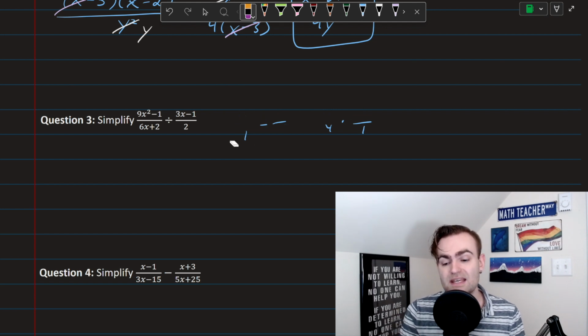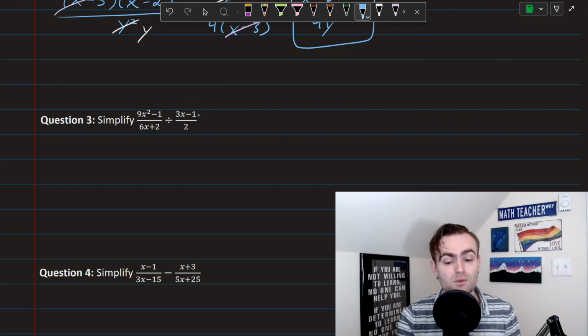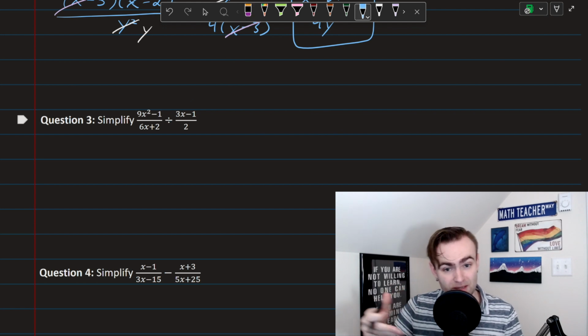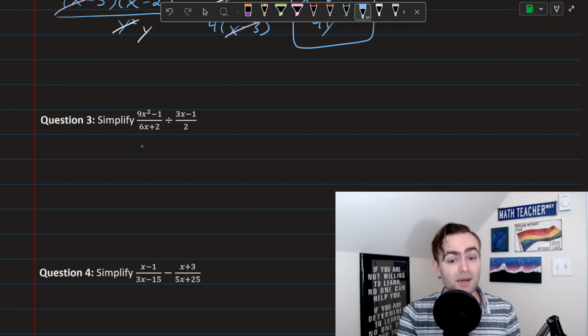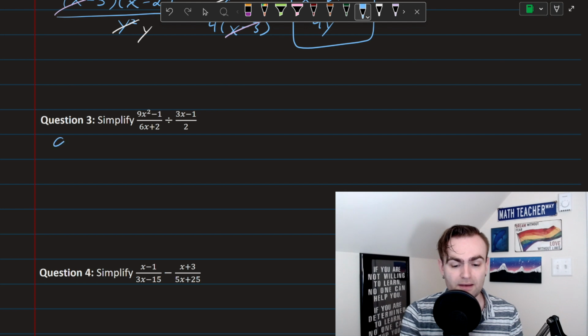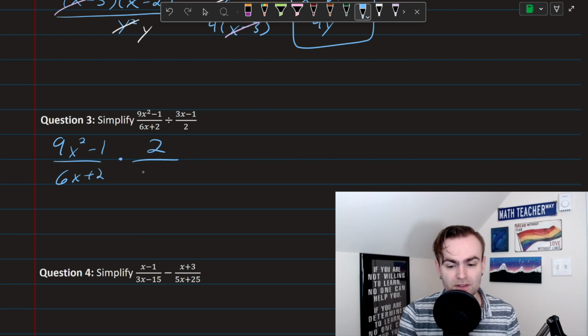We're going to do the exact same thing with our rational expressions here. If I have division with fractions, I need to multiply by the reciprocal. So I'm going to start by rewriting the problem. So we have 9x squared minus 1 over 6x plus 2 times 2 over 3x minus 1.